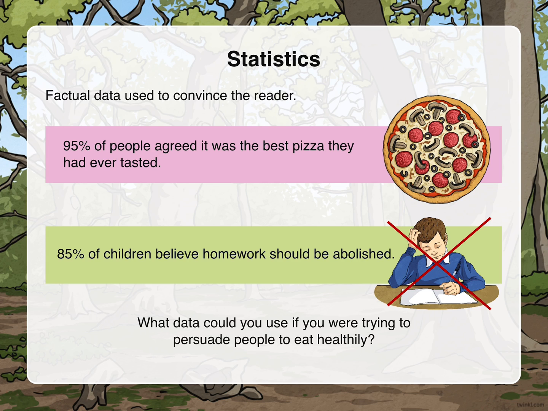What data could you use if you were trying to persuade people to eat healthily? So you might say, you've got to think about eating healthily because did you know that some of the foods, processed foods, can contain harmful chemicals, and that can lead to you having behavioural problems, obesity and allergies. Okay, so that's one example.